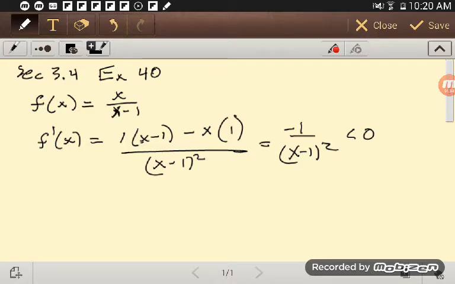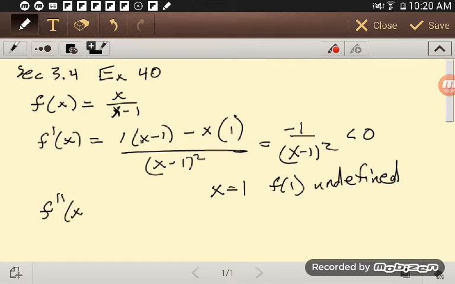Now, at this point, our only critical number is at x equals 1 because f of 1 is undefined. But let's check f double prime of x, which will also be undefined there. So f double prime is not going to really tell us anything, but this is negative x minus 1 to the negative 2.